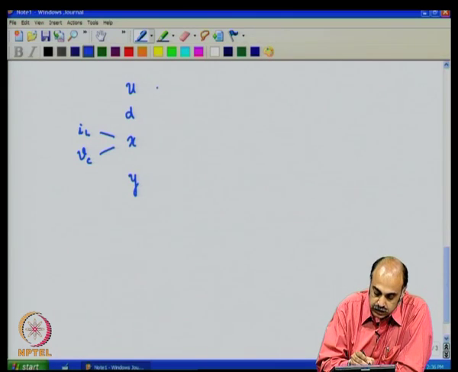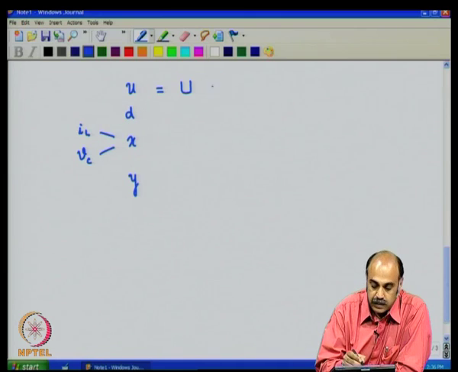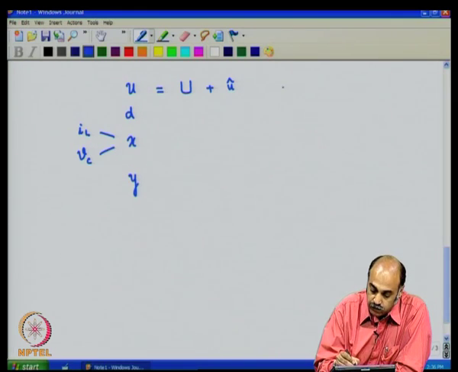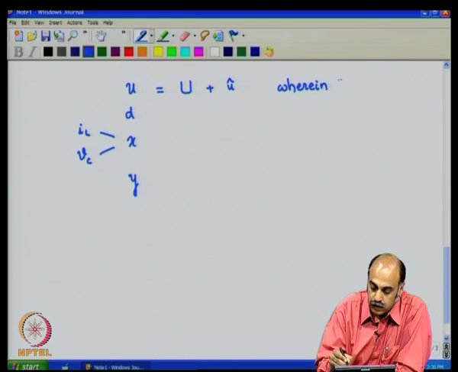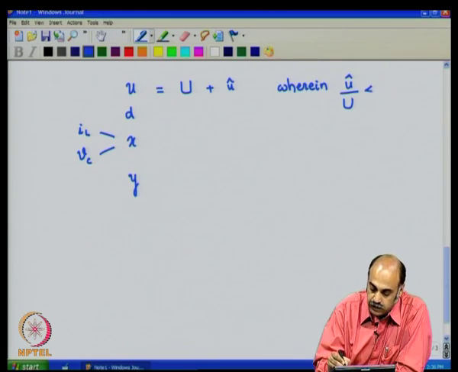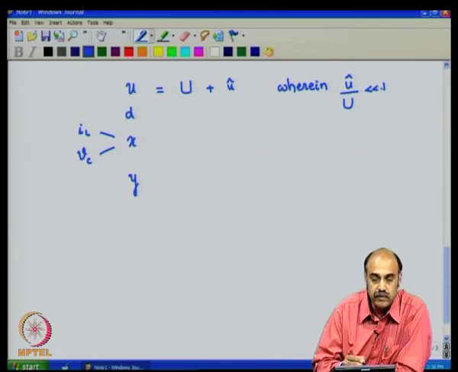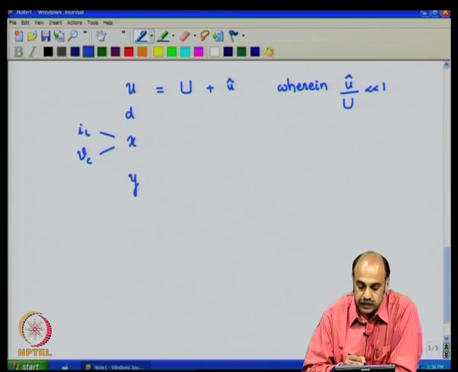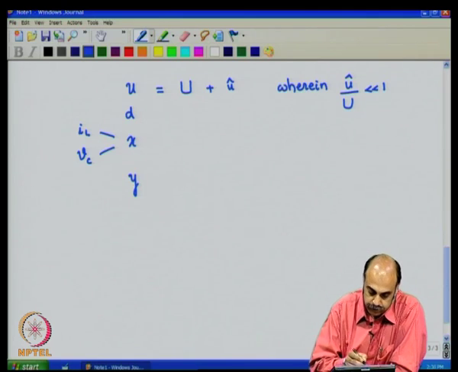All these variables have two parts, a steady state part plus a small signal part, wherein the small signal deviation with respect to the steady state part is very much less than 1. So, very small deviation in the neighborhood of the steady state or nominal operating point.